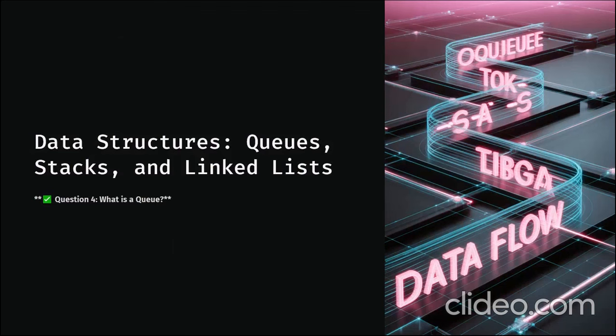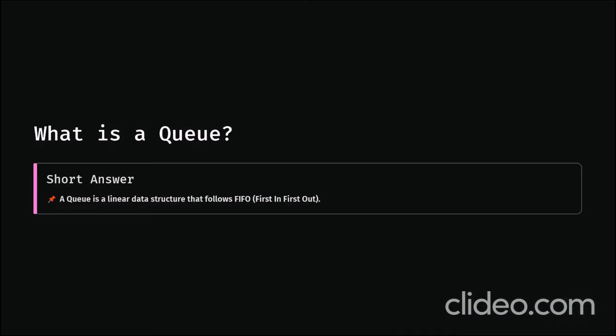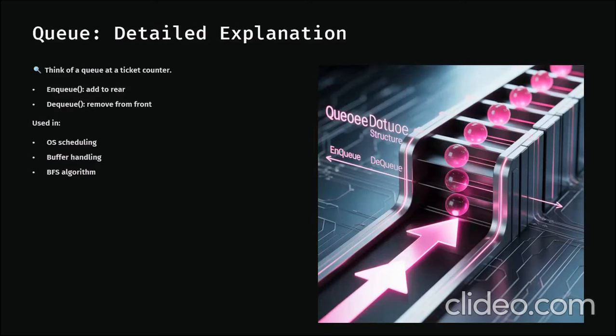Let's move to the next question. What is a queue? A queue is a linear data structure that follows the FIFO, first in, first out manner. Think of a queue at a ticket counter.